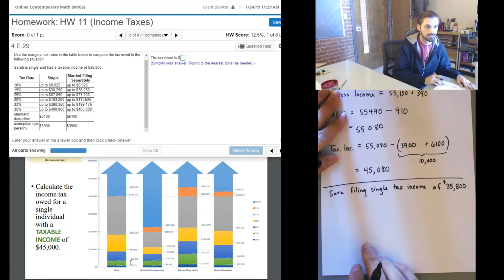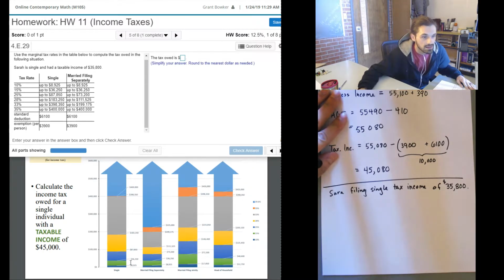Okay, so recognize 35,800 lands you just below the 25% tax bracket. So do recognize that this income tax rate is graduated. So we're only going to take 15% of Sarah's money if it falls above 89.25 but below 36,250.